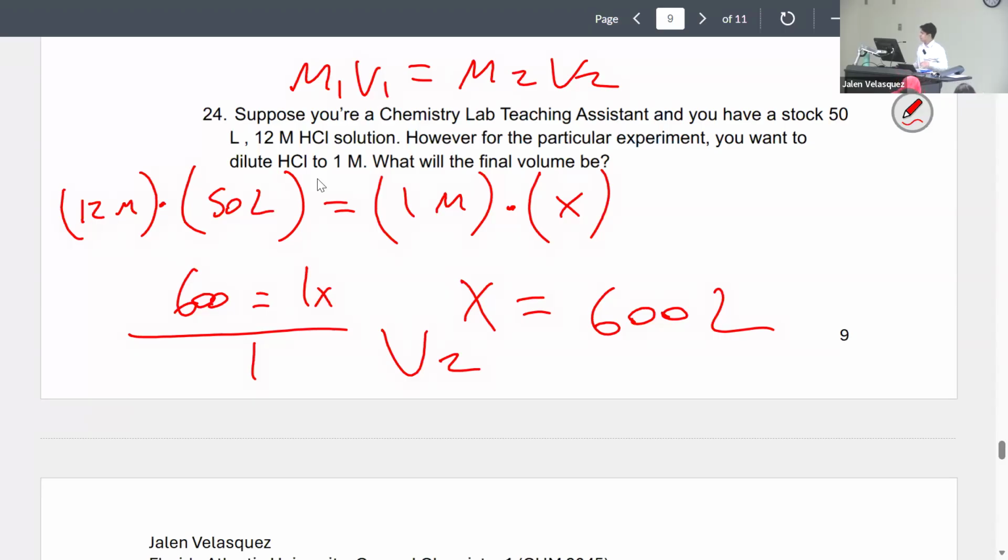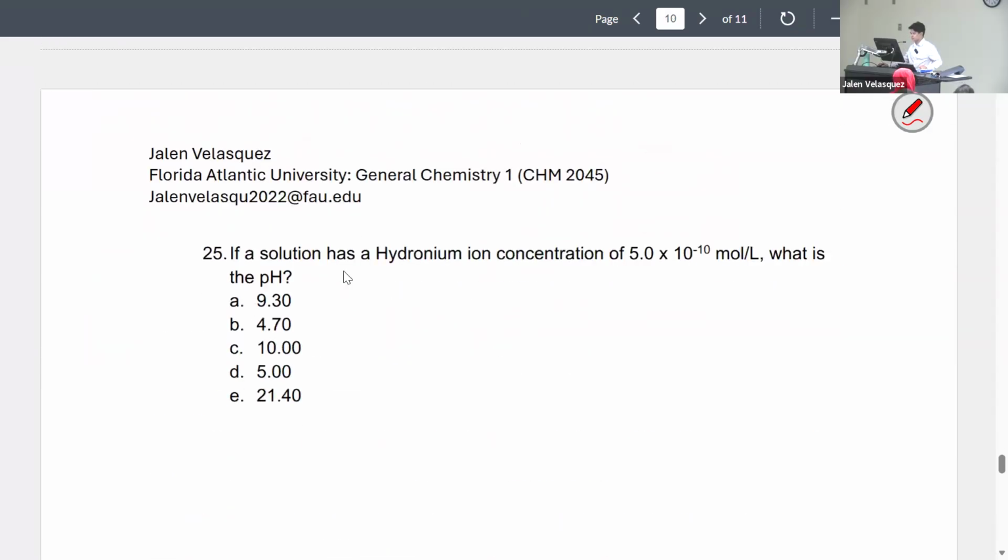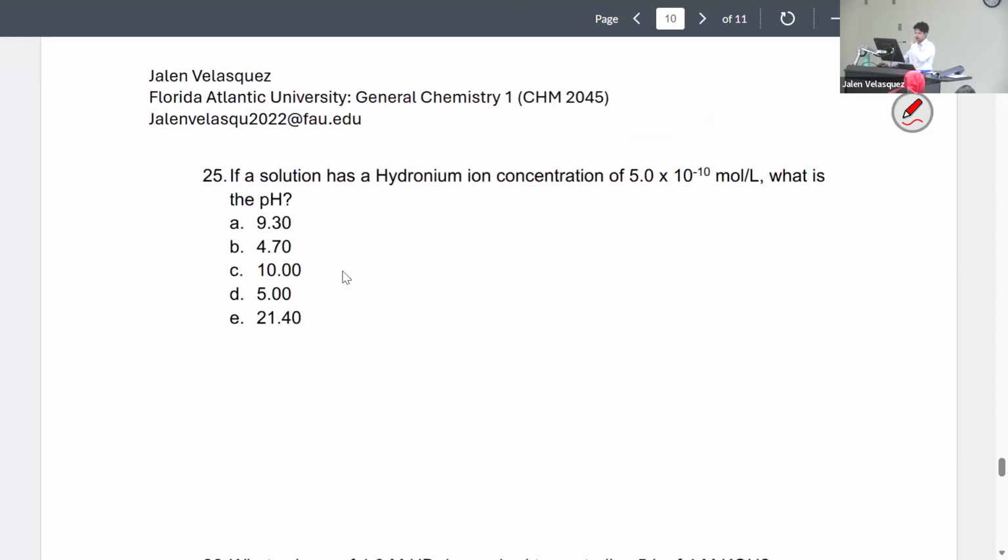Okay, let's go to the next page. We're almost there. I may go a few minutes early, start a few minutes over, maybe. So 25 says, if a solution has a hydronium ion concentration of 5 times 10 to the negative 10 moles per liter, what is the pH?